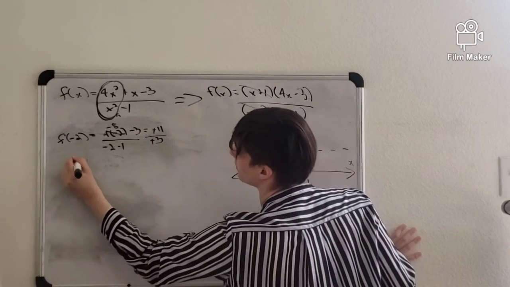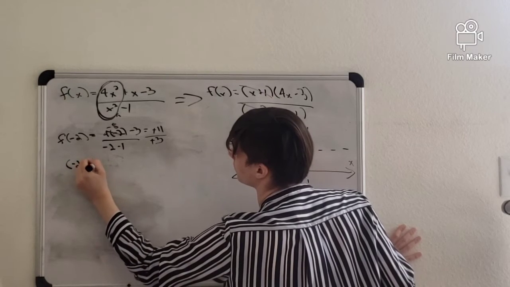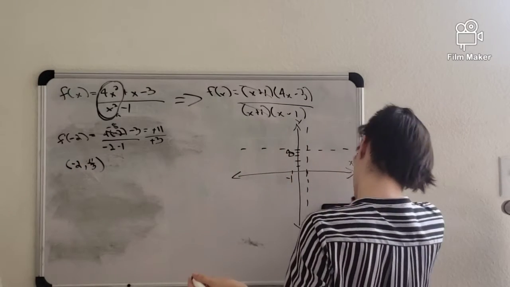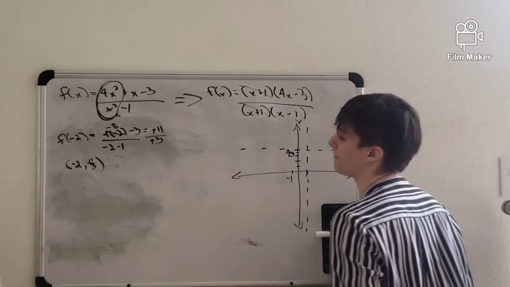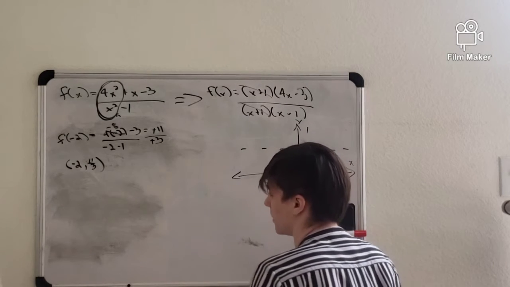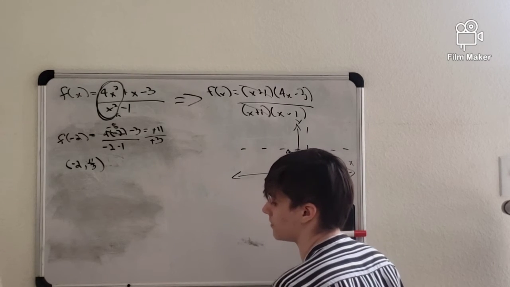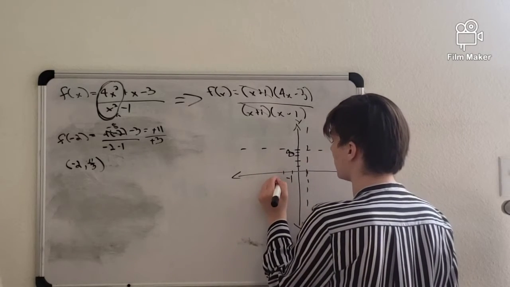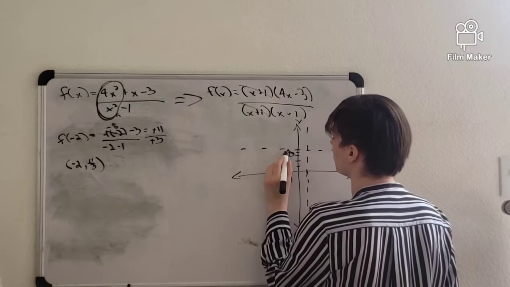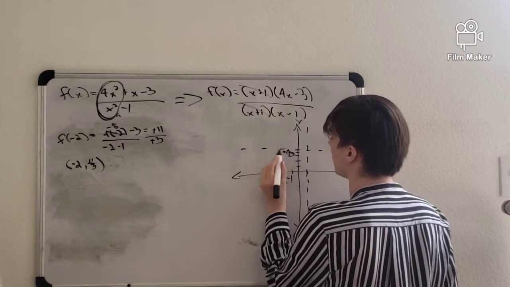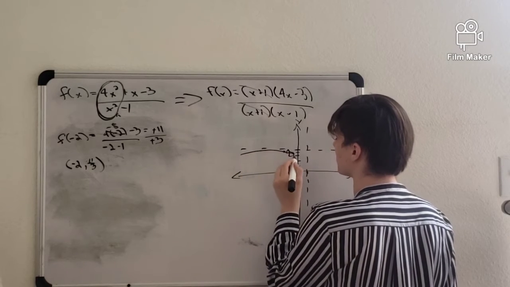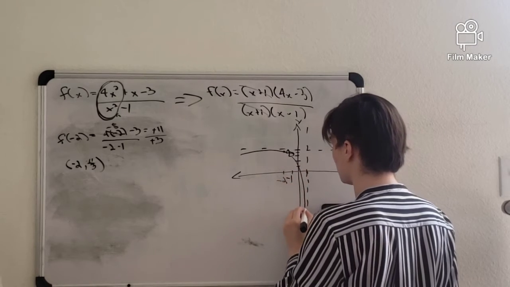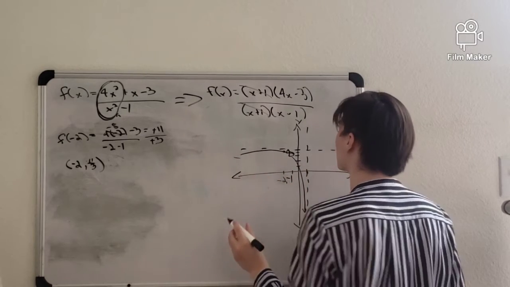So 1 point is going to be -2, 11 over 3. 11 divided by 3 is about, because 3 times 3 is 9, 3 2/3. So -2 right here, and then 3 2/3 is a little bit closer to your asymptote, and so you know that your function is going to look somewhat like this because it's always going to hug it.